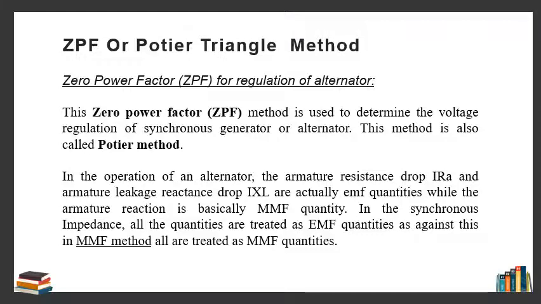In the synchronous impedance method, all the quantities are treated as EMF quantities, as against this in the MMF method all are treated as MMF quantities. तो हमने EMF मेथड जब देखा था जिसको हमने सिंक्रोनस इम्पीडेंस मेथड बोला है, उसमें हमने सारी क्वांटिटी को EMF के फॉर्म में कंसीडर किया था, और इन केस ऑफ MMF मेथड all are treated as MMF quantities.